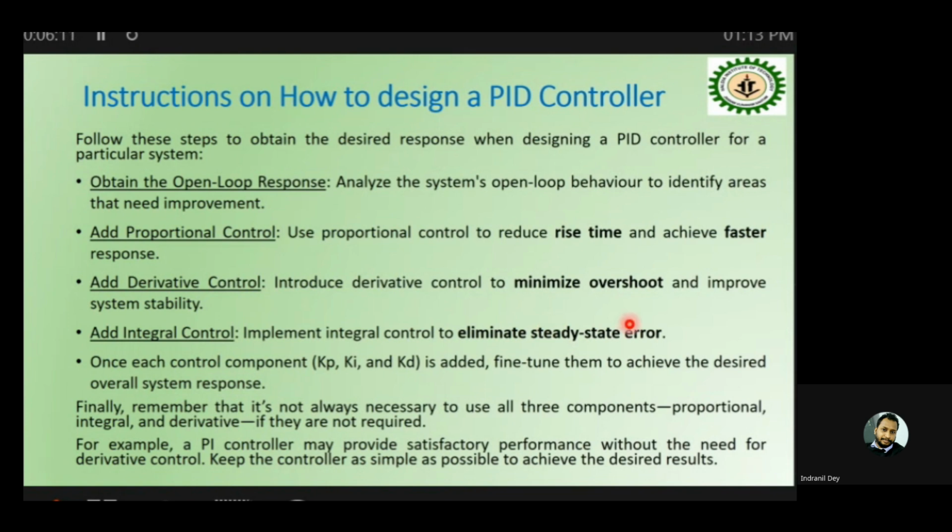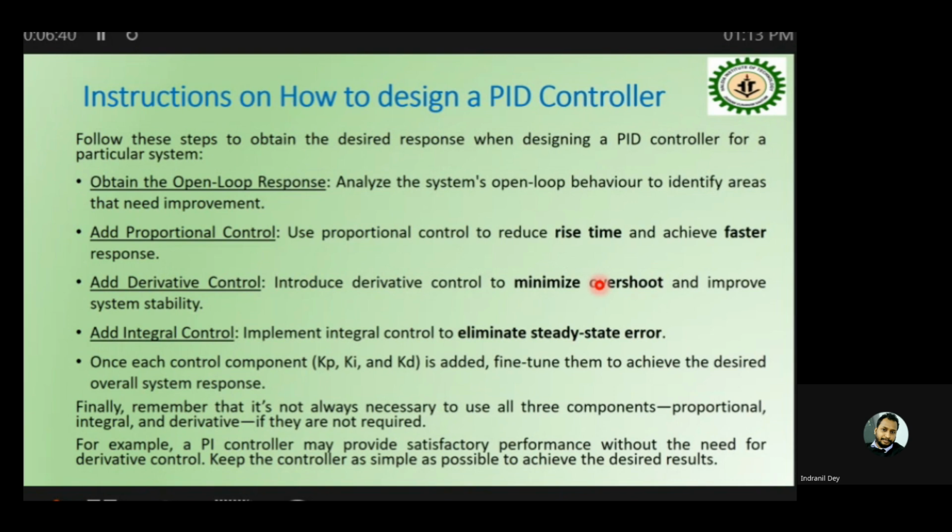Next, the drawback of integral control action leads to a sluggish response, adding some oscillation to the process output. To overcome that, we'll add derivative control. By introducing derivative control, we'll minimize the overshoot and improve the system stability.